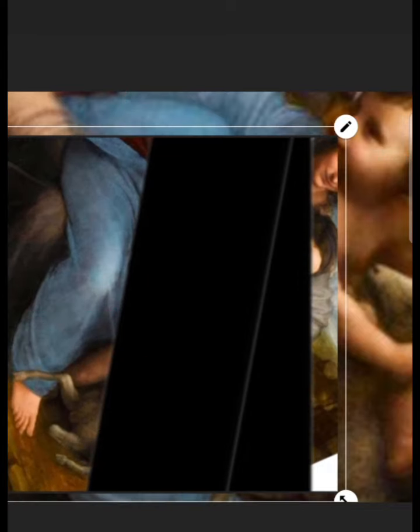Let me show you something. At this point, what does that look like to you? And this is for educational purposes only. Notice the lamb, what appears to be the lamb's leg, right?